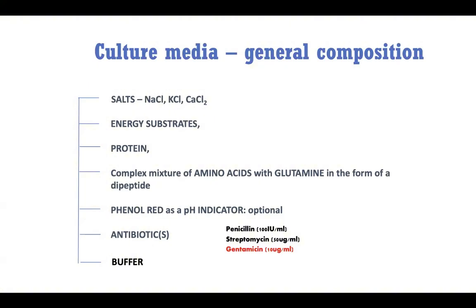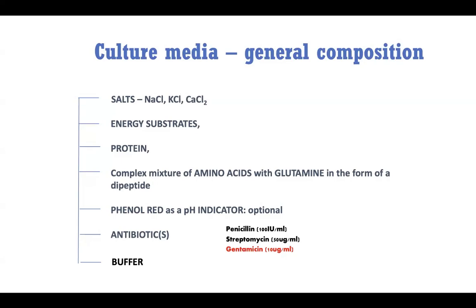So if you look at the broad composition of culture media, it is number one, salts, energy substrates, pyruvate, protein. There's a complex mixture of amino acids and glutamine in the form of dipeptide. I'll come to this later. Phenol red, optional. It may be there, it may not be there. You need to add antibiotics such as penicillin, gentamicin to prevent infections.